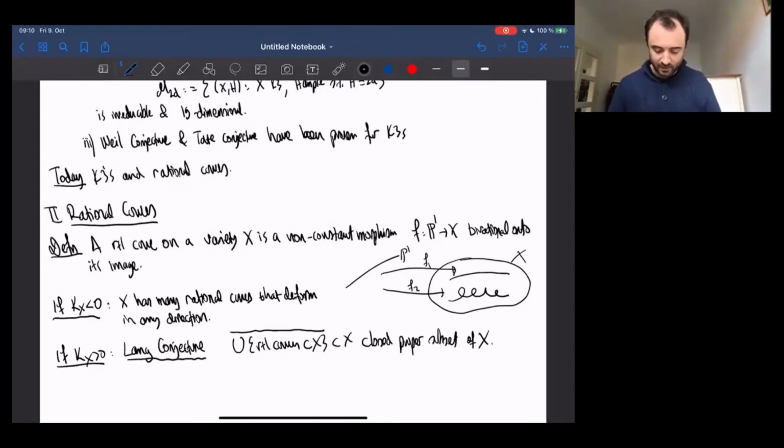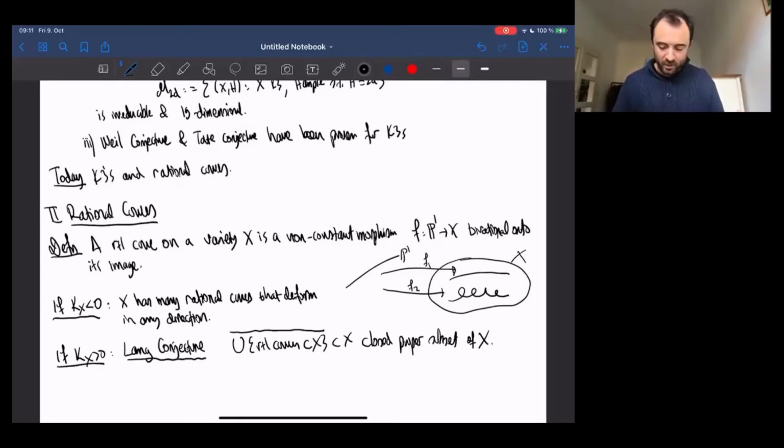So in particular, if I have a variety whose canonical divisor is ample, I don't expect many rational curves. Of course, there could be infinitely many contained inside a subvariety, but I'm certainly not going to be covered by rational curves or even have them be dense in any way.